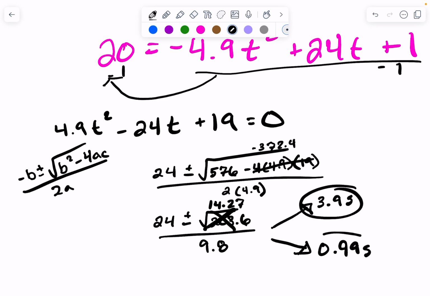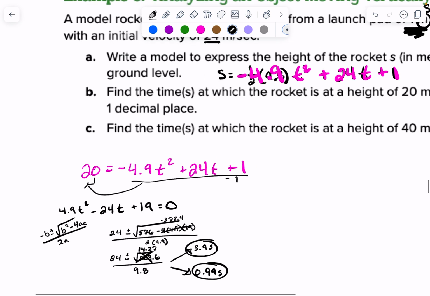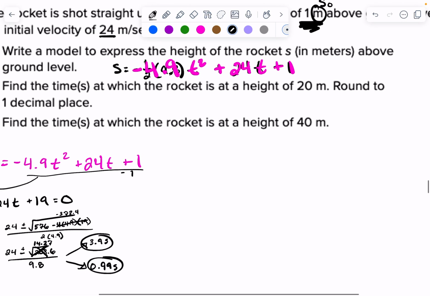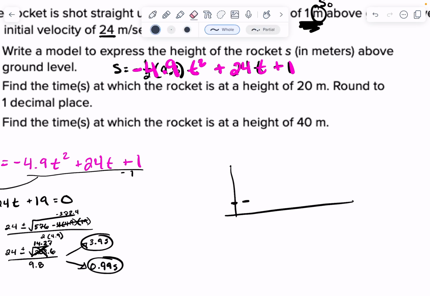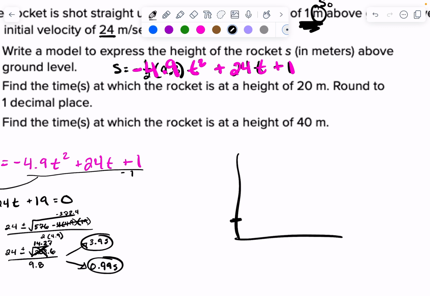So what this means is I have two places where it has a height of 20 meters. The rocket is starting at 1 meter above ground level, going up and then coming back down.